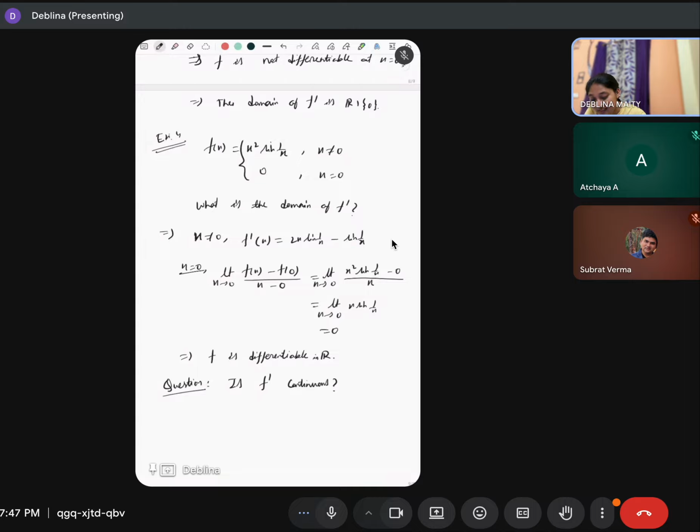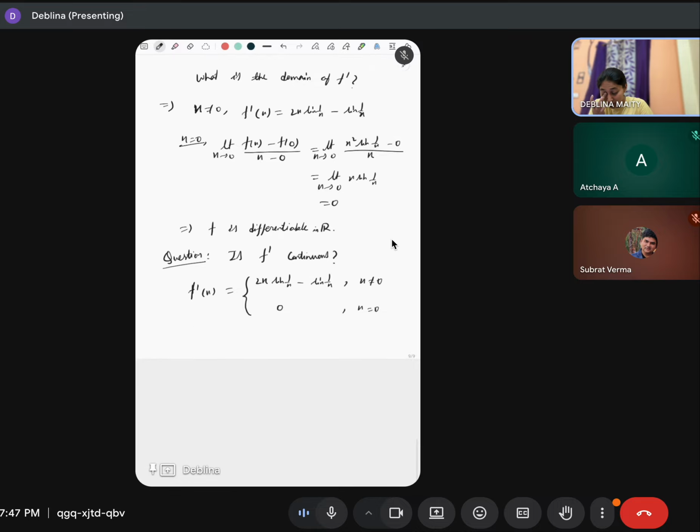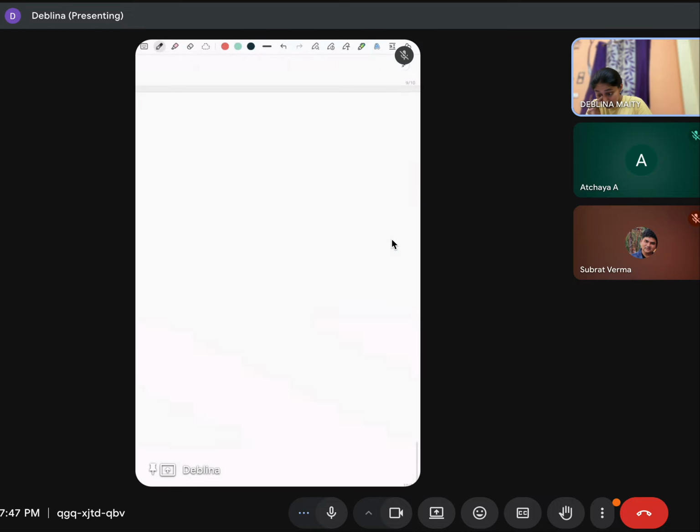Check that it will not be continuous at the point 0. The function f dash is 2x sine 1 by x minus cos 1 by x when x is not 0, and 0 when x equals 0.